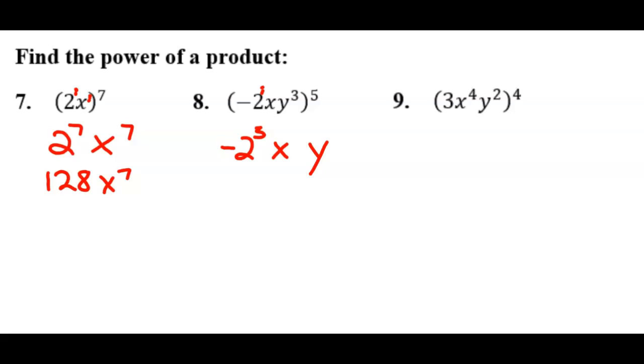And then it's gonna be 5 also above the x. And what's going to be here? 15. And then negative 2 to the 5th power is negative 32. And then x to the 5, y to the 15. Okay? Now do this one.